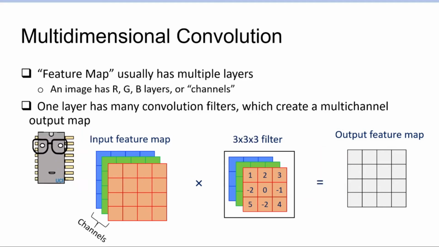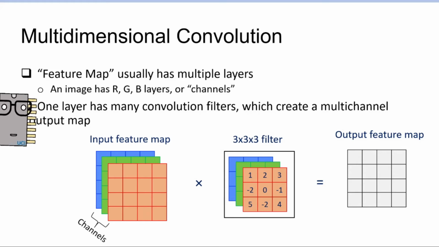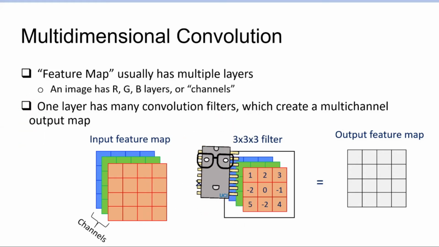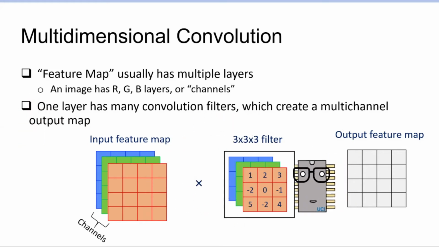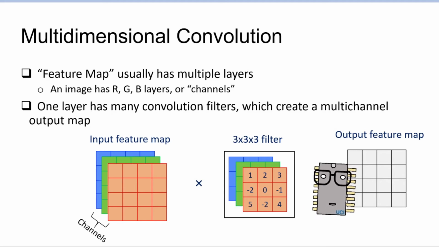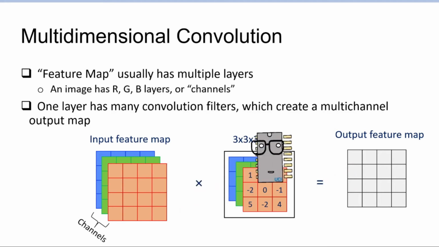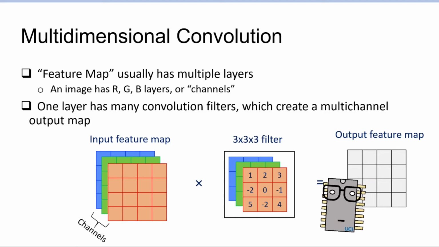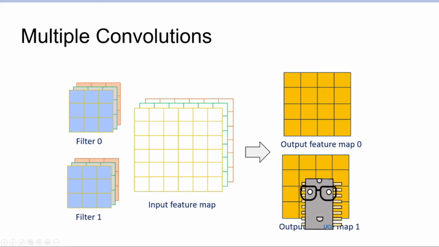So this convolution results in a single two-dimensional output feature map. But because one layer can also have many convolution filters, the output map can also become multiple channels. So it can take multiple channels as input and emit multiple channels as output. So that's what the convolution layer does.